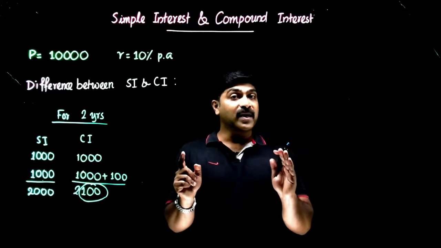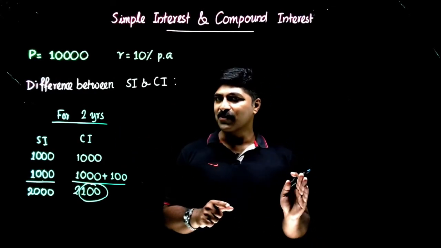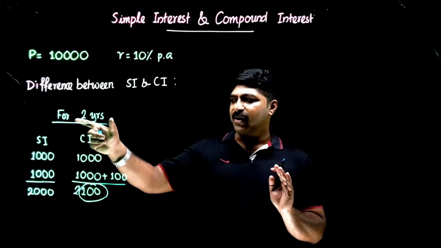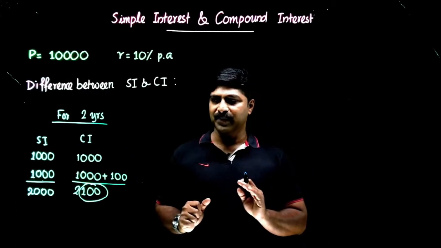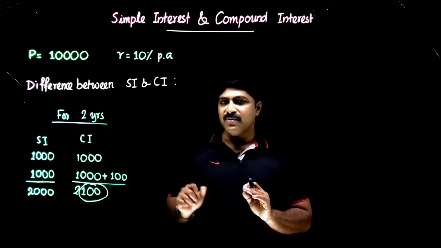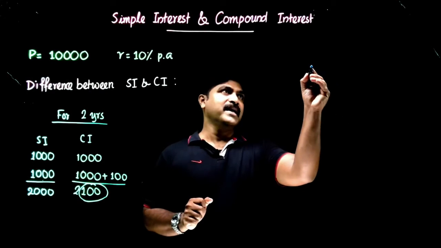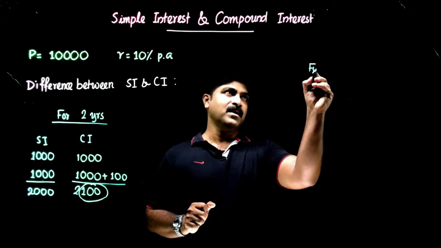In a similar way, you can find it for 3 years also. Before moving to that 3-year difference, we can consider the result-wise approach here. Suppose it is a case of 2 years, directly you can apply a direct result. Here the result is very simple.